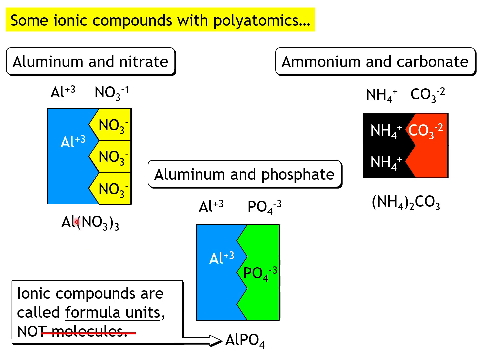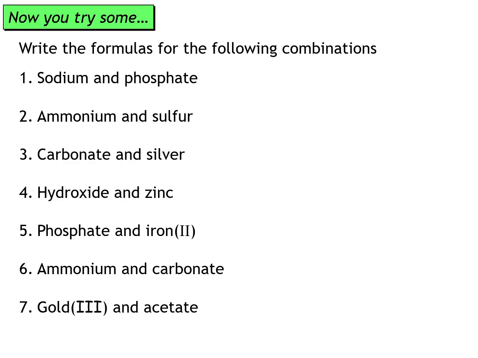Make sure that you are keeping your polyatomic ion intact. You don't try to do anything strange with the numbers of elements inside the parentheses. Because it is a unit for that particular formula, if you're talking about an ionic compound, it's called a formula unit, not a molecule. Molecules are only for covalently bonded compounds.